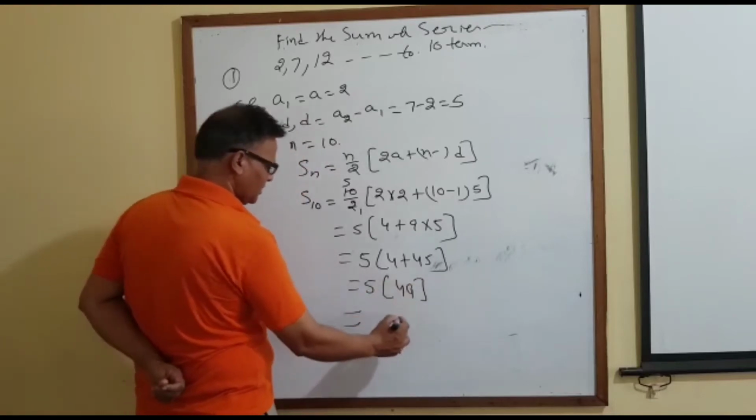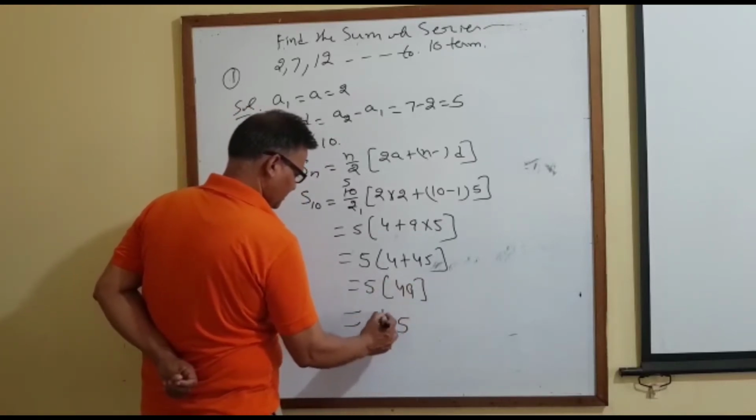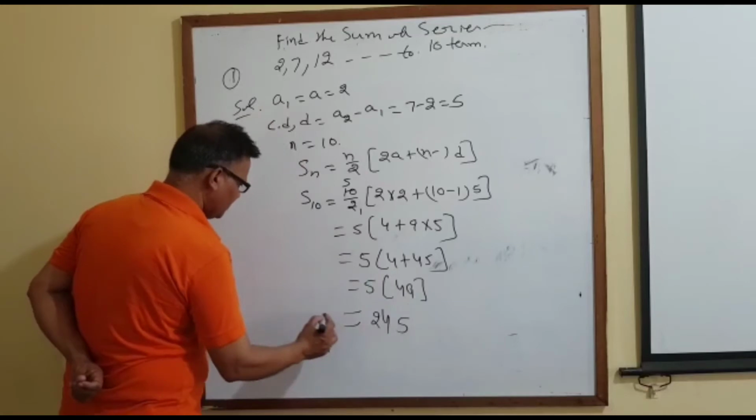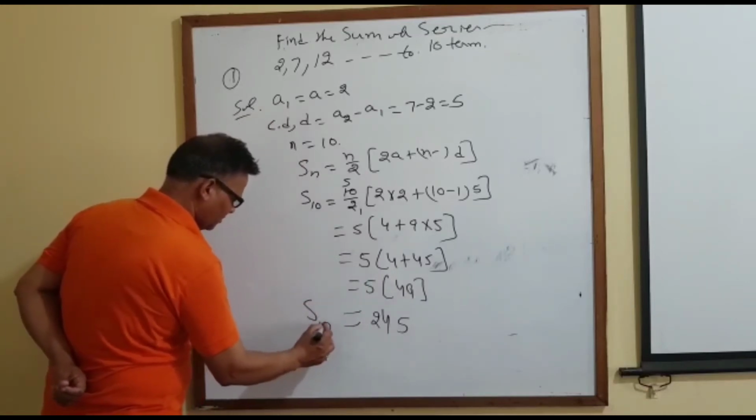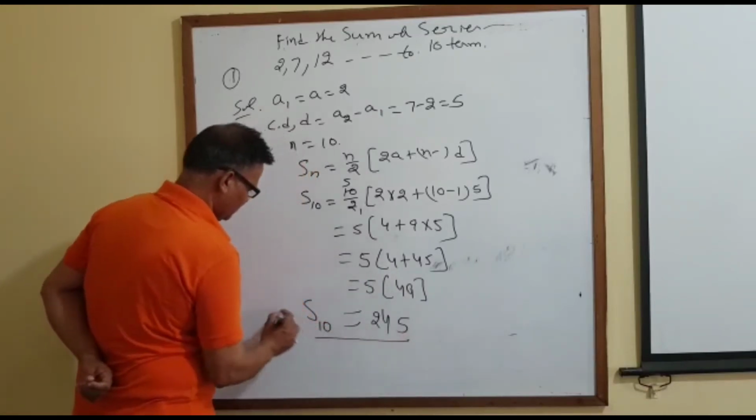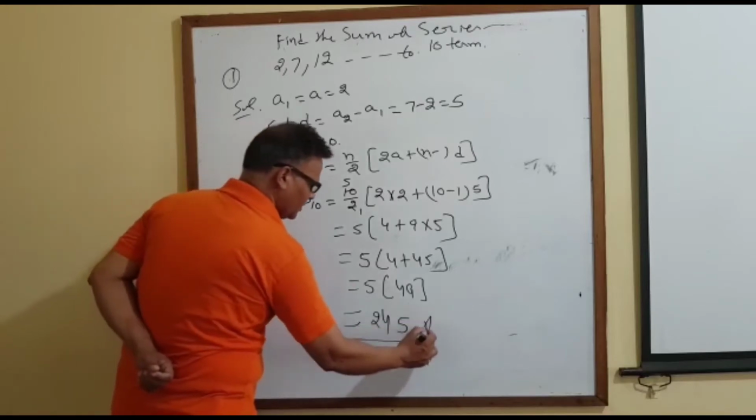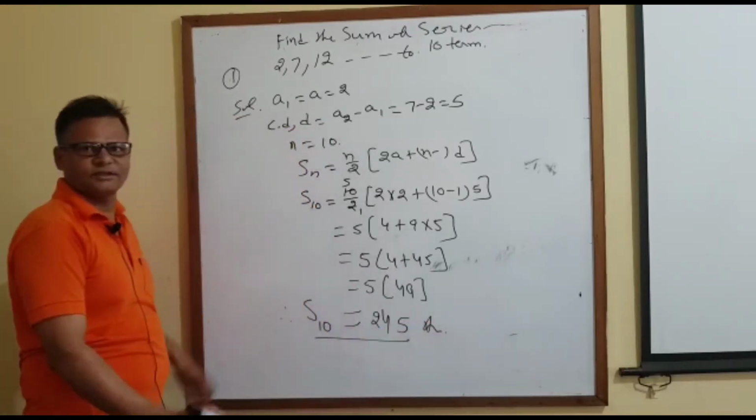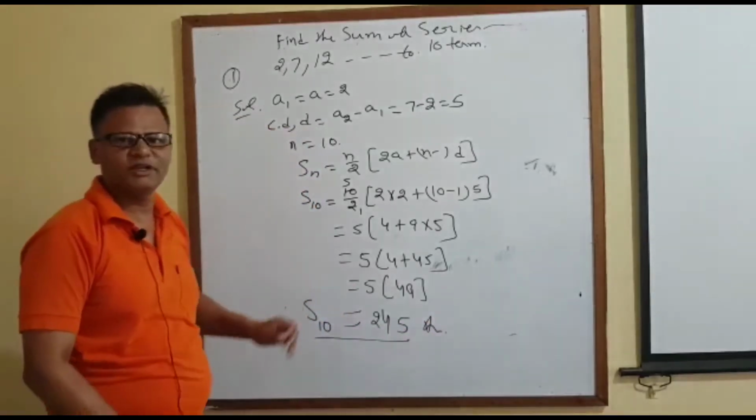After multiplying we get 245. So the sum of the series S10 is equal to 245. Like this you can do the remaining sums.